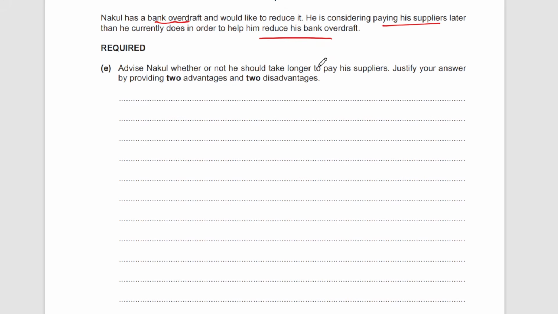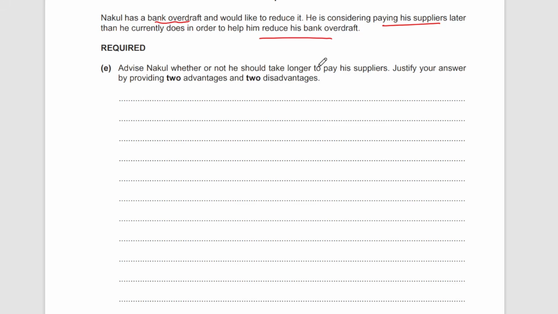Now in this video and in the upcoming ones, I will show you the mark scheme answer as well. But before I show you the mark scheme answer, I want you to think of a couple of advantages, a couple of disadvantages of this suggestion or this idea, and then we'll have a small discussion and then I'll reveal the mark scheme answers. So let's have a look.